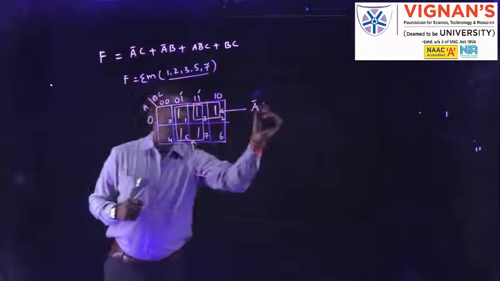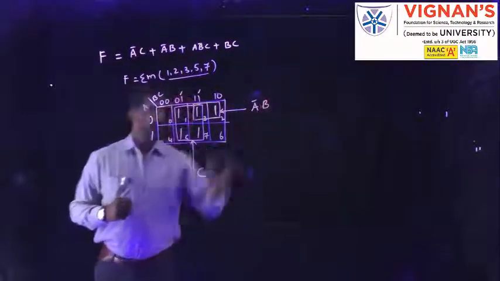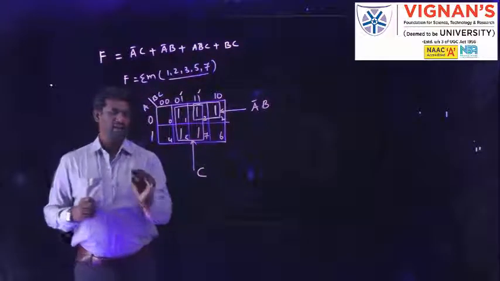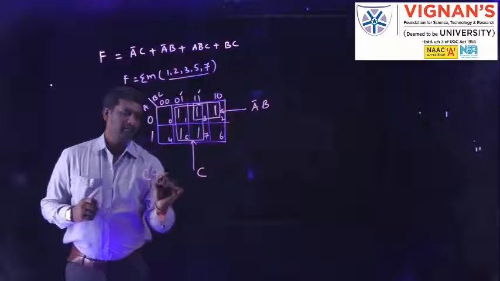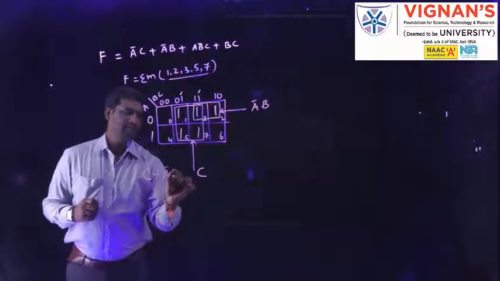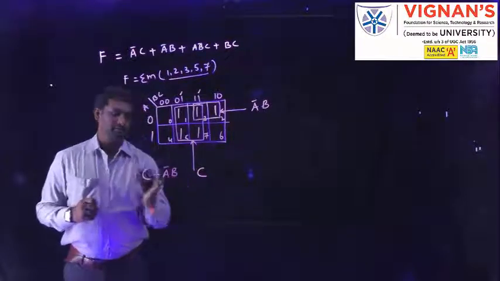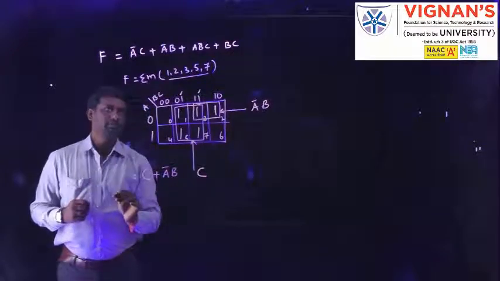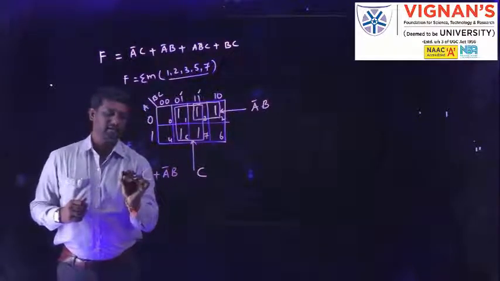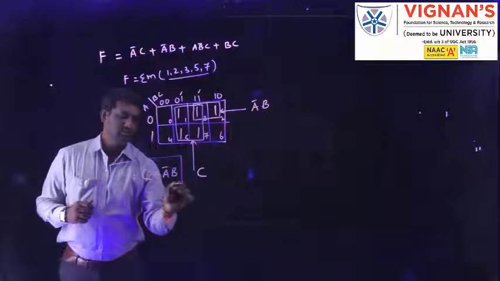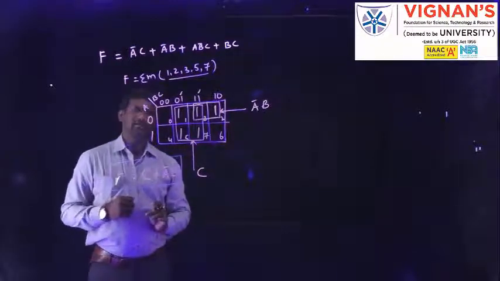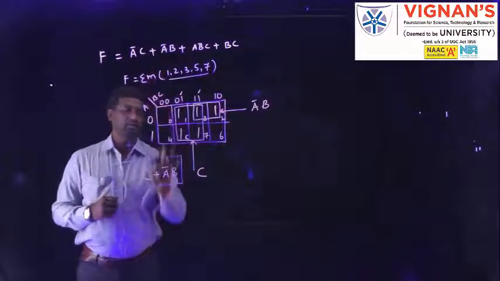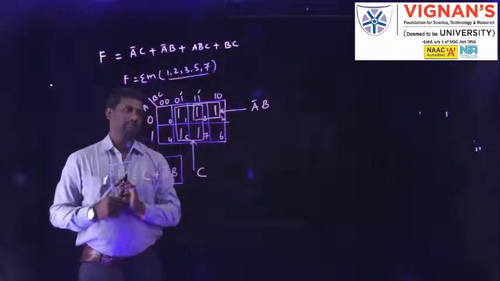That's why it is B. So the simplified expression is C plus A bar B. This is the simplified expression for the given function by using the K-map.